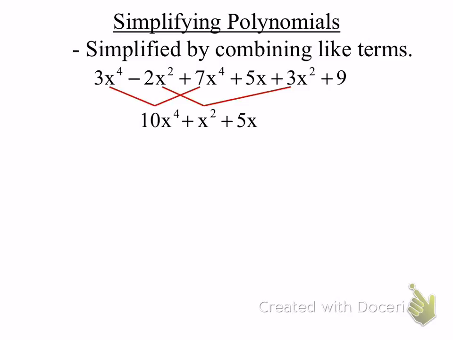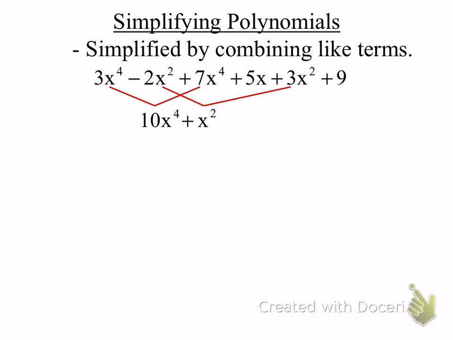Yes, no. Thumbs up, I understand. Thumbs down, I don't. What would be the next order, Shaylin? Is there anything to combine? No. What's the next order for the exponent? We've got 2. What would be next? The 1st power.